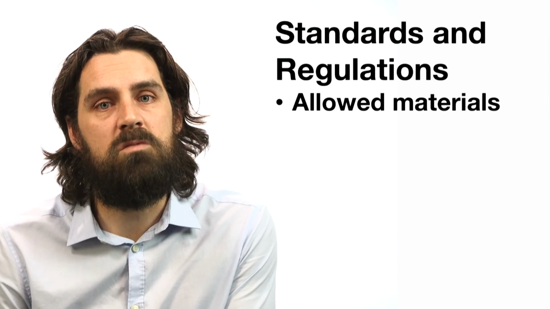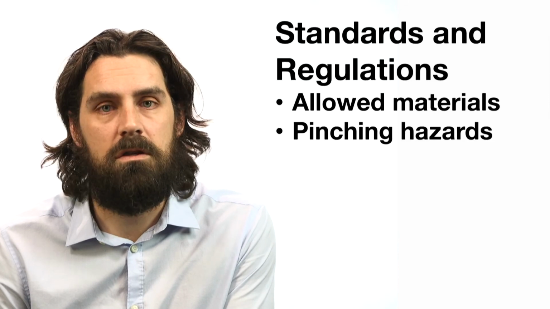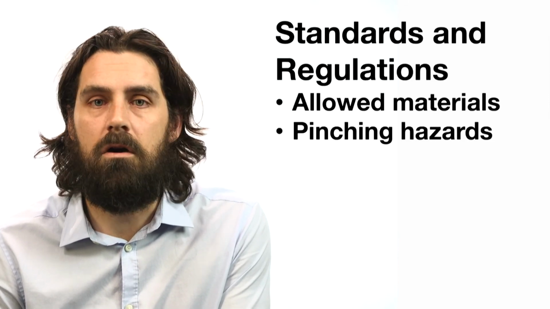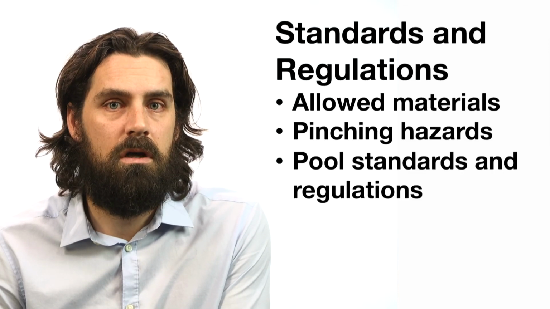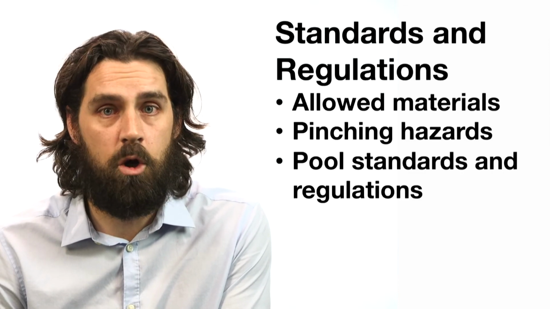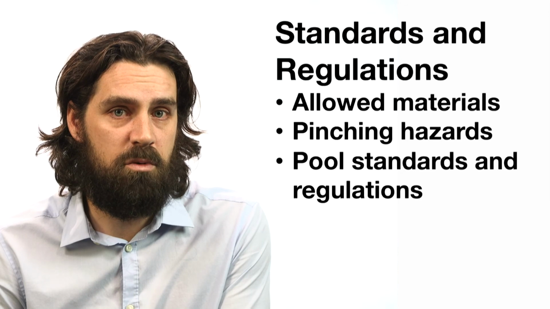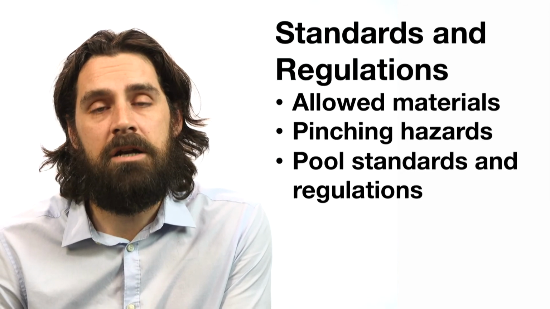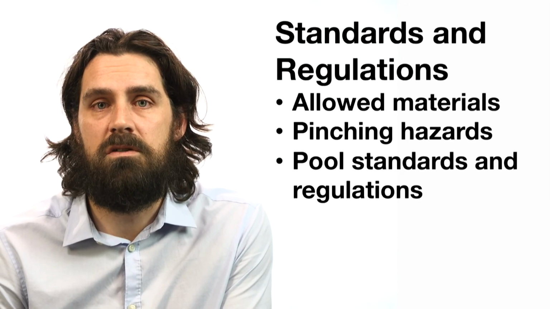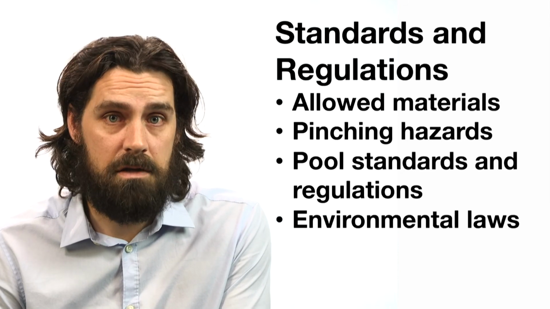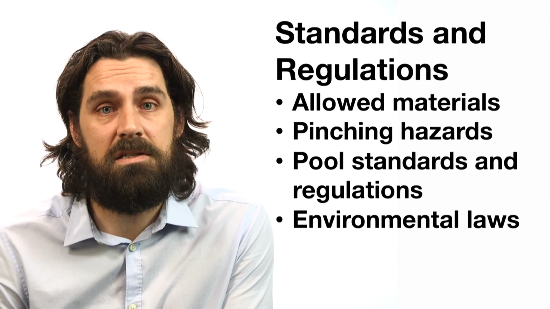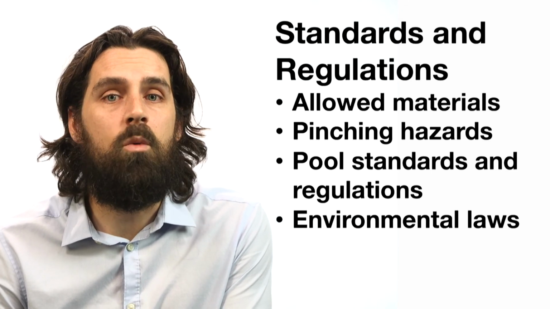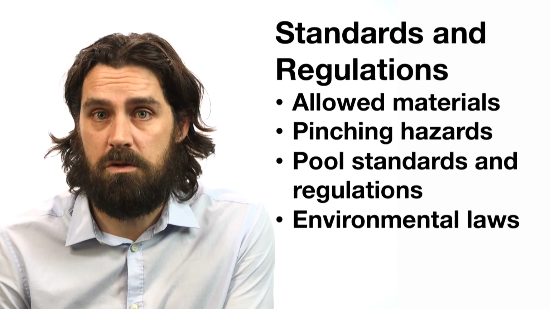Also, some regulations may govern pinching hazards for the use of water bottles. There are also standards and regulations that may have to do with the pool, such as what materials could be put near the edge of the pool. Finally, standards and regulations often present themselves in the form of environmental laws, such as those that govern what manufacturing practices could be used and also what could be and cannot be disposed of.